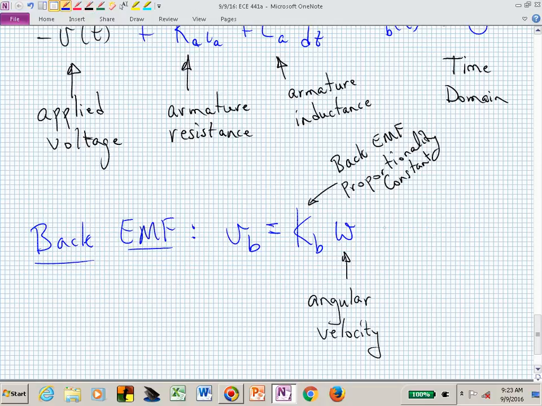And we can relate that to the position of that shaft. It's just the derivative of the motor shaft position.